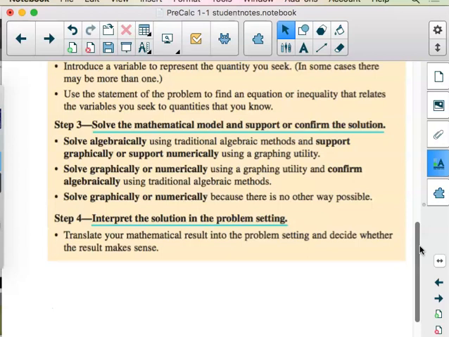You're having trouble finding it? Sometimes you can work backwards. Sometimes you can get the answer and then figure out how that math would set up. Solving graphically or numerically because there's no other way possible. So you grab your graphing calculator and you can find a solution that way, and there's no other way for you to go about it, then that's what you do.